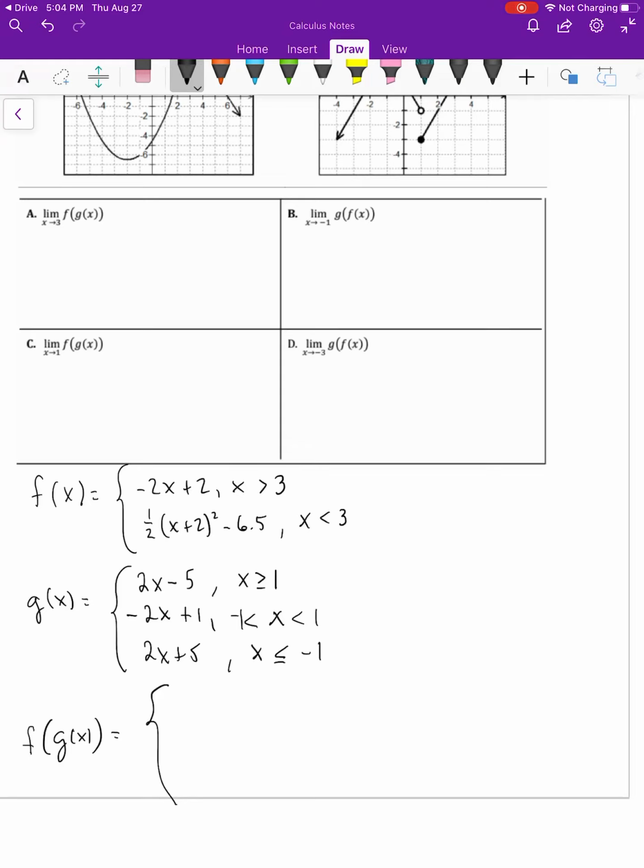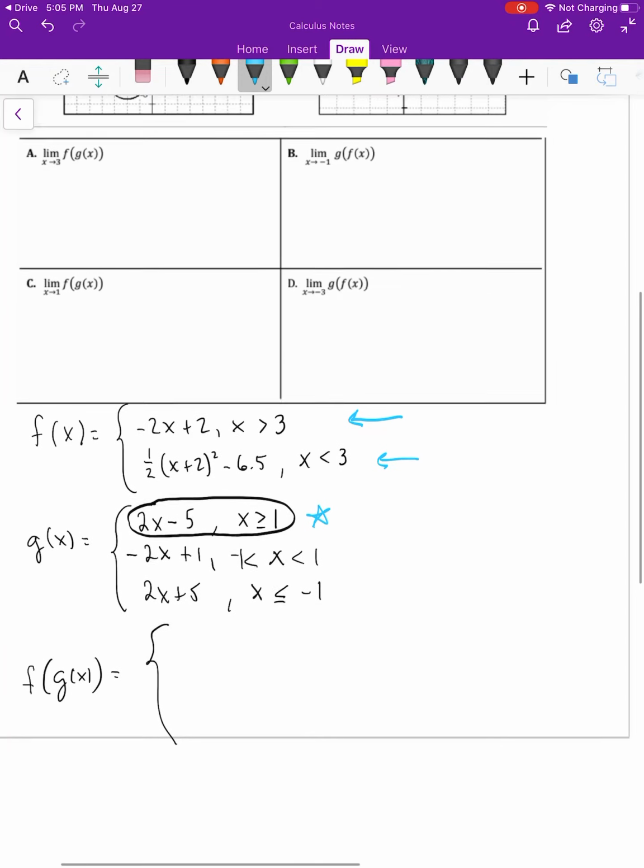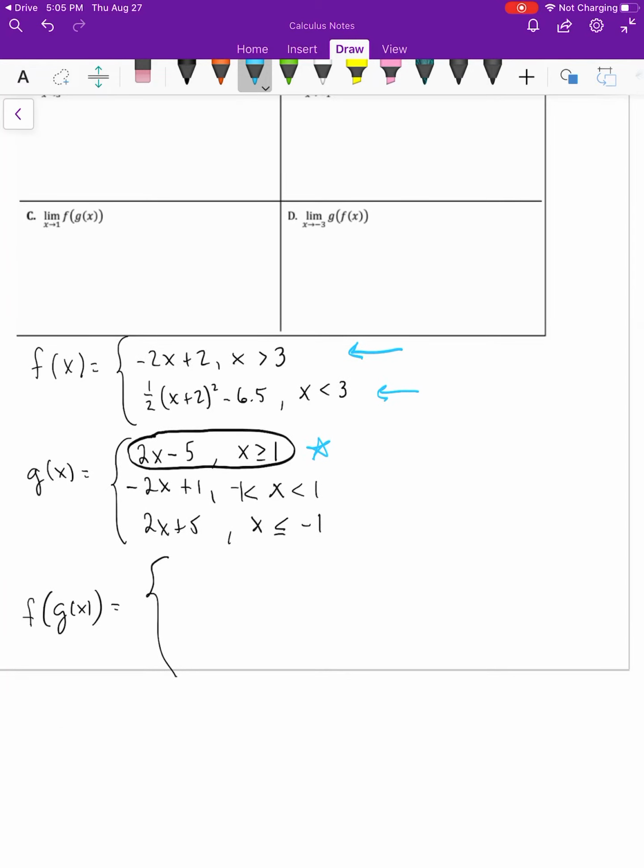For this g of x, where is it greater than or equal to 1? That goes partly in the piece from 1 to 3, and then the other part in the piece greater than 3. So just for this one thing, you're going to have 2 pieces of f of g of x.